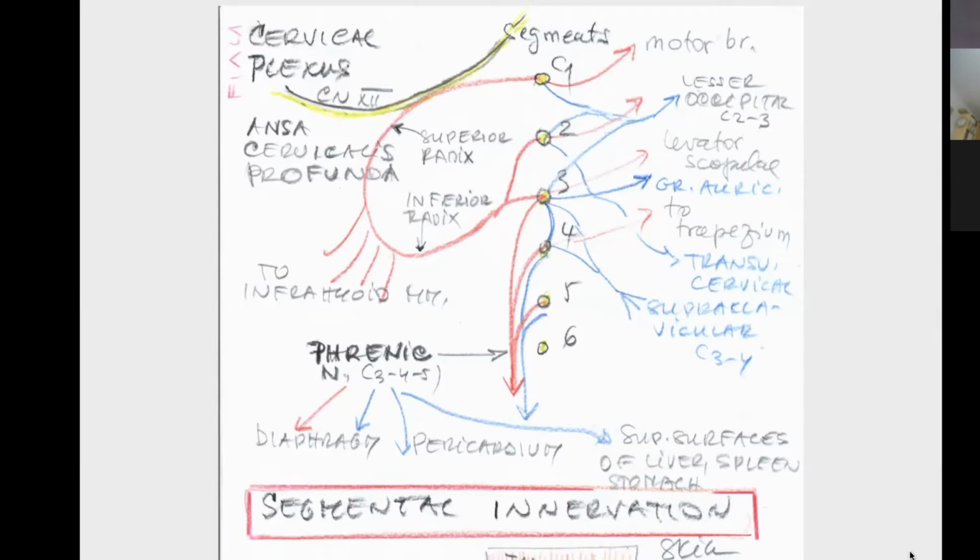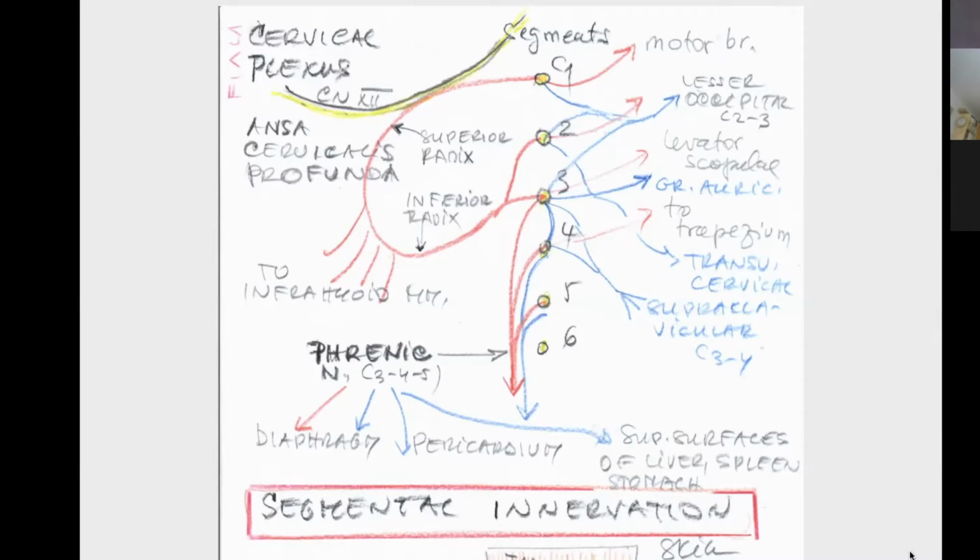We can look now at the specialized interconnections between C1 and then C2 and C3 together, forming superior radix. You are looking into the loop, and also inferior radix. Superior radix is connected with the inferior radix, forming finally ansa cervicalis profunda, deep ansa.